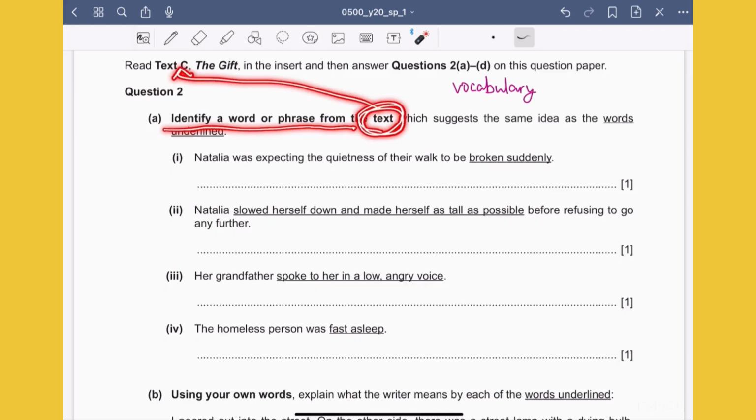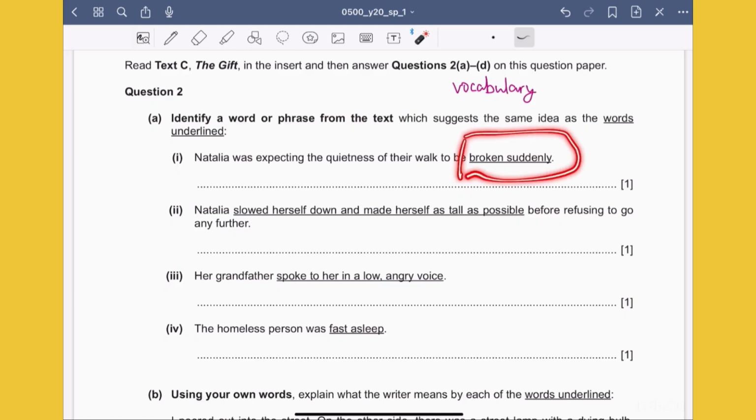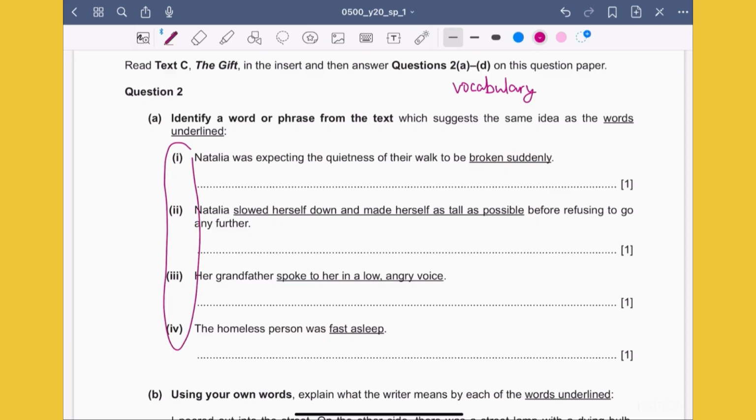You go to text C and you find a phrase or a word which has the same idea or same meaning as this. So all these questions, the answers are from the text. It's not from your own. It's not like asking you to explain it in your own words. It's just telling you to find it from the text.